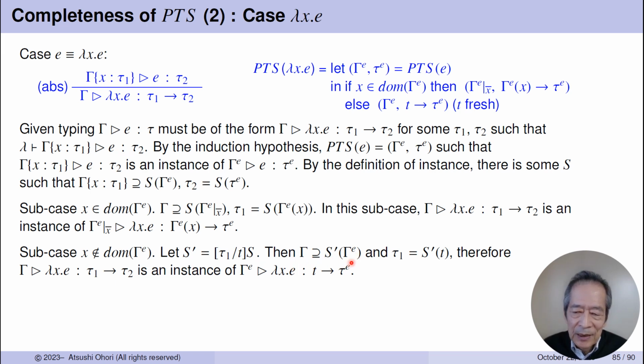Because this doesn't contain x, the effect on gamma E doesn't matter, and this still holds. And S prime of T is tau 1, right? We have this, therefore this typing is an instance of this, and we have done this subcase also, and we have completed the case of lambda x dot E.